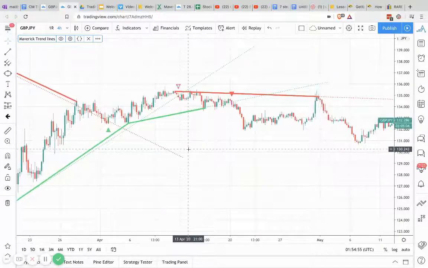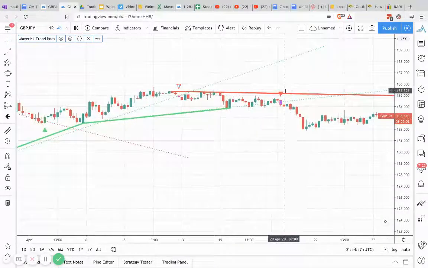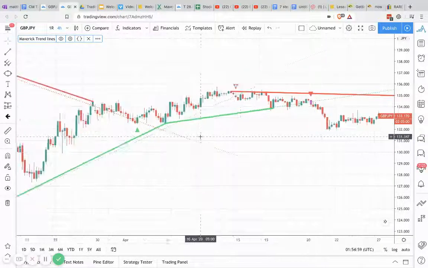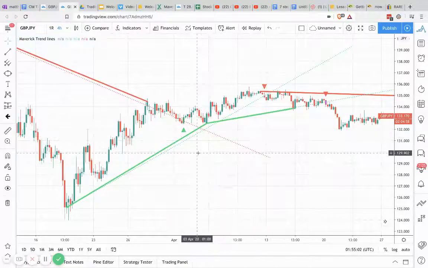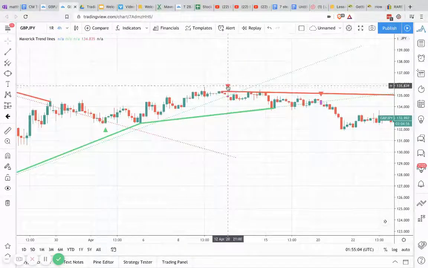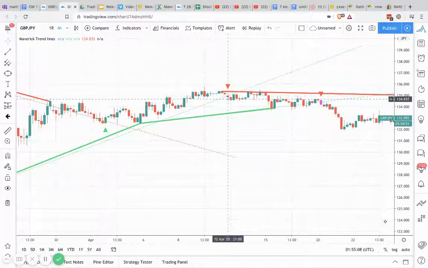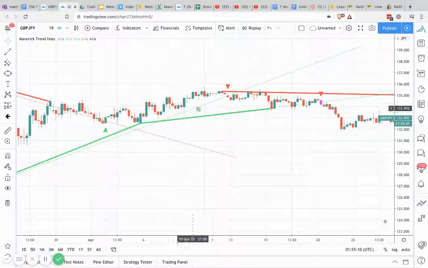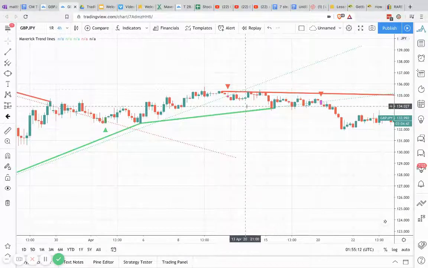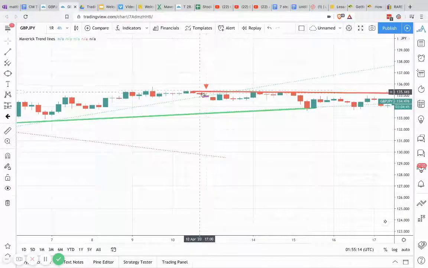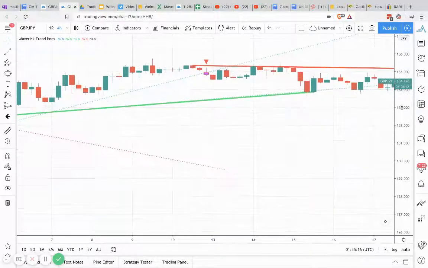The other thing that I want to mention here is these red triangles and these green triangles. The red triangles are a representation of when price has broken below an uptrend line. So we can see here we have this green dotted line, and this is exactly where price has broken below that green dotted line.